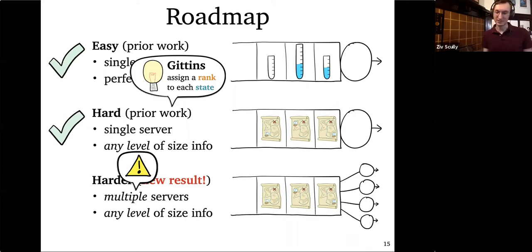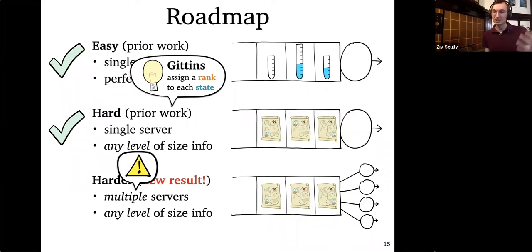So multi-server scheduling is a kind of difficult thing that we're only just recently figuring out how to do in full generality. Let me start by telling you briefly what our multi-server model is.